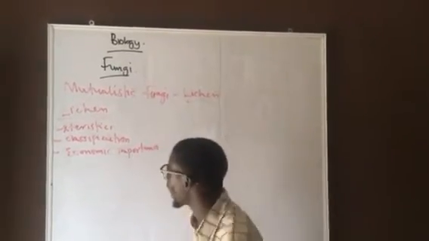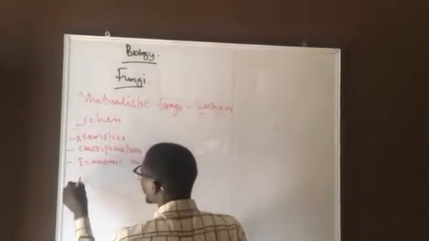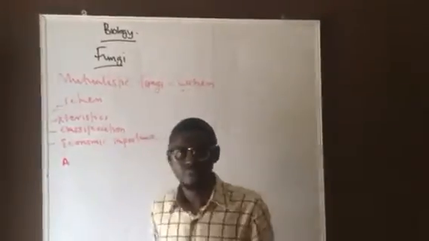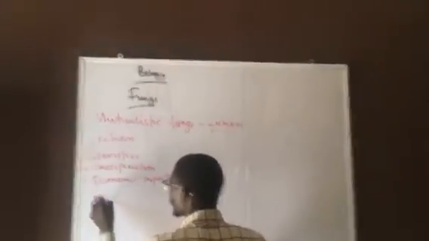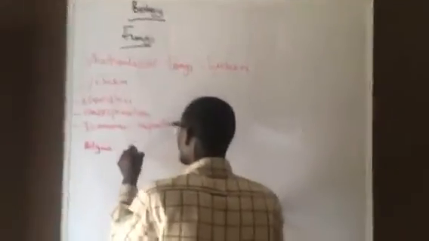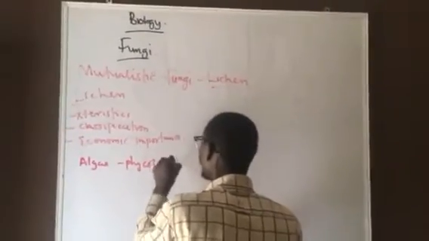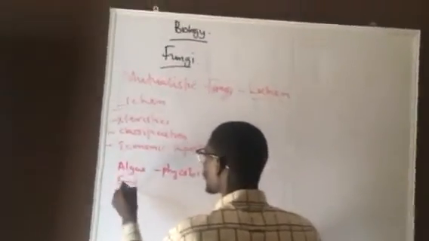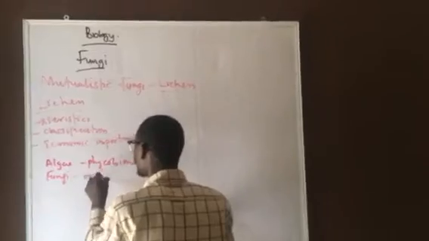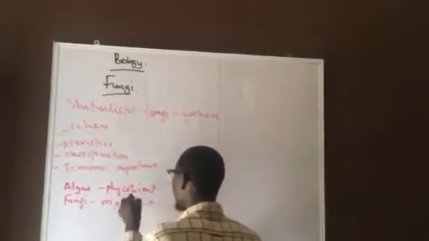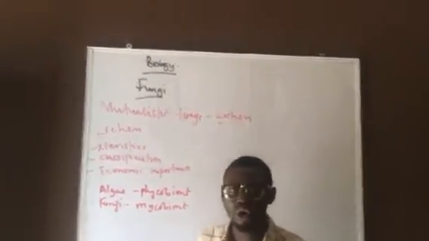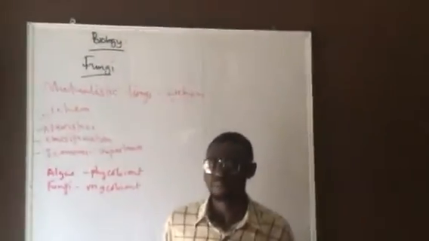The first one is the algae. The algae is called the phycobiont, while the fungi partner is called the mycobiont. That is in the relationship when both algae and fungi come together.